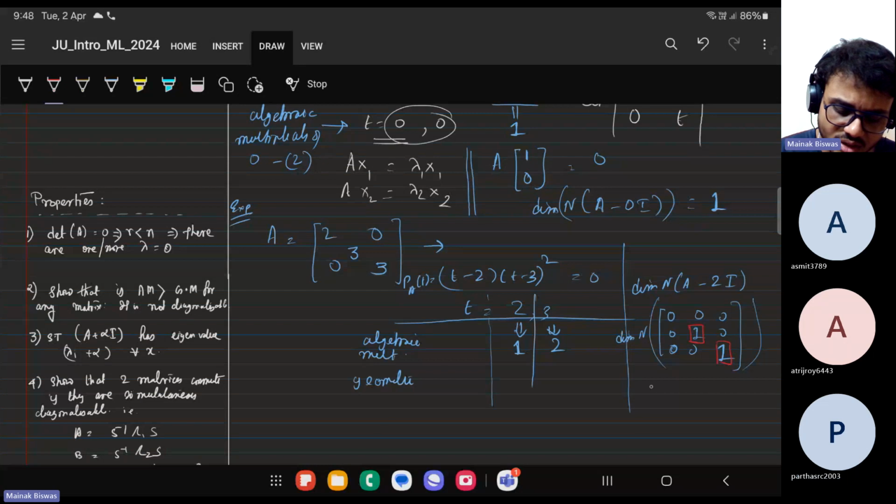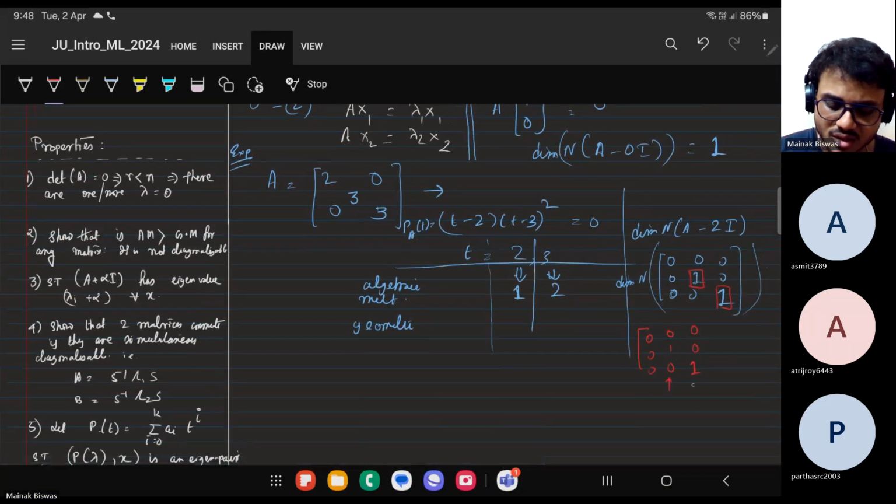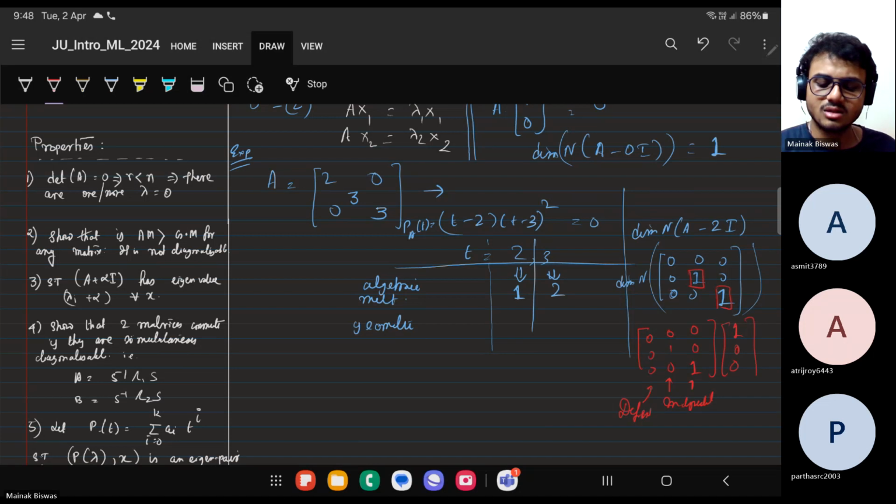So this is clearly 0, 0, 0, 0, 1, 0, 0, 0, 1, which are the dependent rows. These are the independent, right? This is your free variable. So just put 1 in the free place and zeros in the others. This will give you 0, 0, 0. Yes or no?